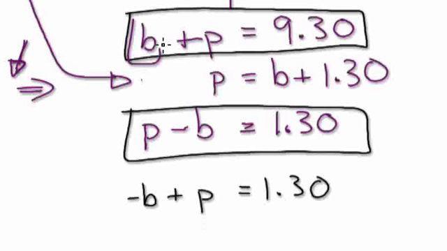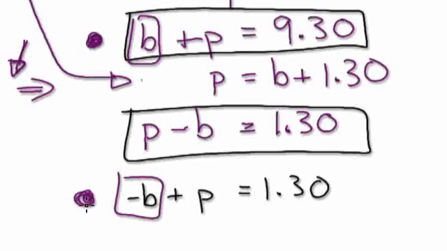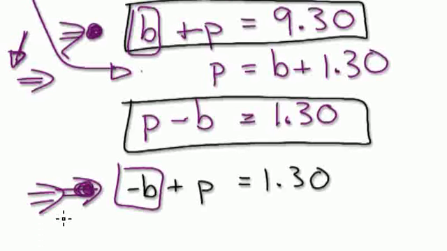So look at this, a B here and a minus B here. We can just add this equation to this equation, and the two B's will kill off each other. So this equation added to this whole thing here will be 2P equals $10.60.